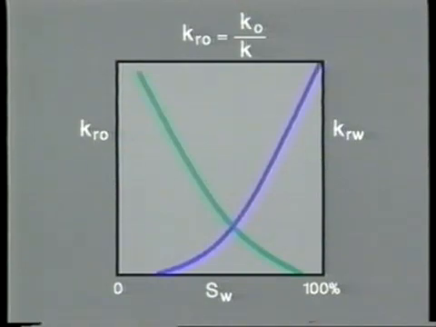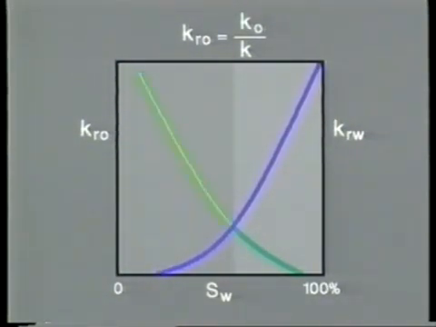And finally, relative permeability, K sub RO, is the ratio of the effective permeability of a given fluid to its absolute permeability. Standard curves plot the relative permeabilities of the 2 fluids as a function of water saturation. Thus, in a typical relative permeability curve, we see that at low water saturation, only oil will flow. As the water saturation increases, the relative permeability of the oil decreases until some critical level is reached, at which both oil and water flow.